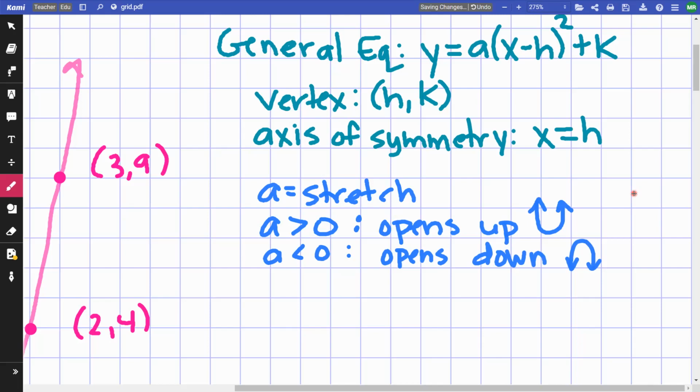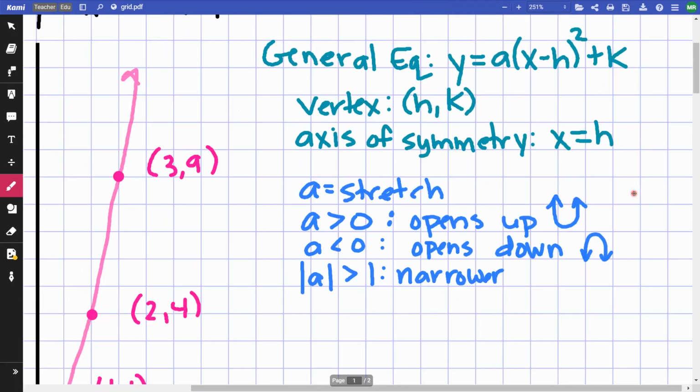Now, my a also determines the stretch of this, narrower or wider. It doesn't matter if your stretch is a +5 or a -5. Both of them will be the same narrowness, but one will be opening up, one will be opening down. So I'm going to write in absolute value: if your a in absolute value is greater than 1, we say it is narrower. Sometimes you'll hear that that is vertically stretched. That's how our book a lot of times will refer to it.